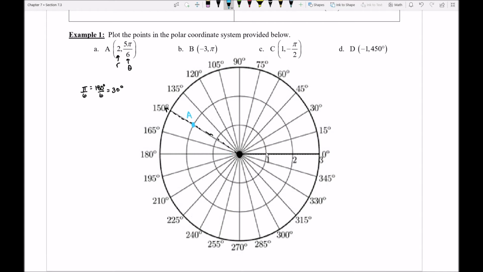And so I would go back to 1, back to 2, and then over here is where I would land for my point B. I was staring towards 180 and took 3 steps backwards. So that's the significance of the R value being negative.